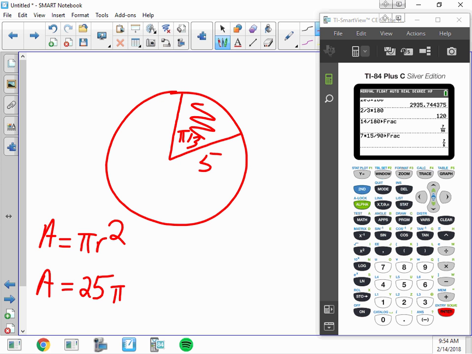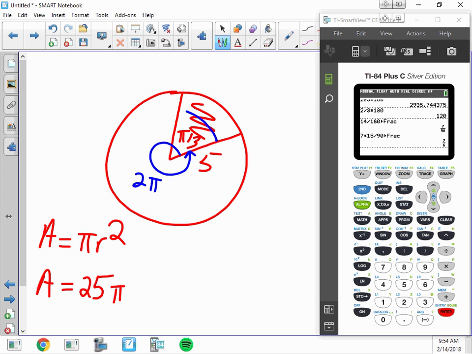Okay, but we only have a portion of that. How much of that do we have? Okay, so how big is this angle here? 2 pi.